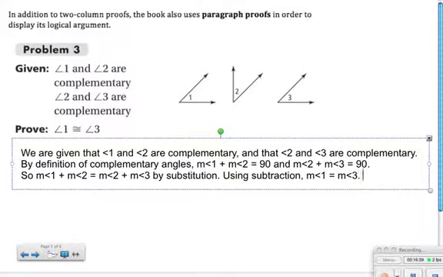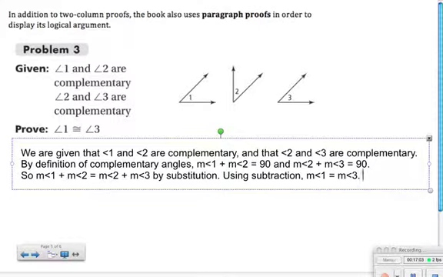We're saying that the measures are equal, but our objective is to show that the angles are congruent. If two angles have the same measure, then the angles are congruent, right? What did I just say? Is that a definition or a property or a postulate?